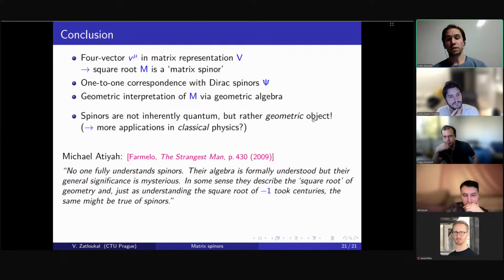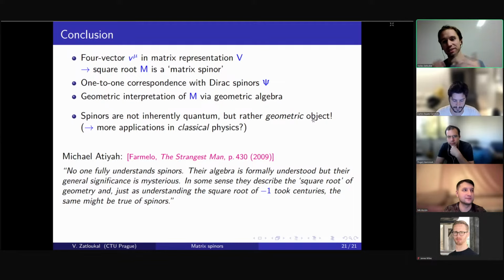We showed that those matrix spinors are just a matrix representation of the geometric algebra, which has a nice geometric interpretation. And I would say this emphasizes for me the fact that spinors are not inherently quantum; they are really just geometric objects, and then one would perhaps look for more applications also in quantum physics. No, I mean in classical physics.